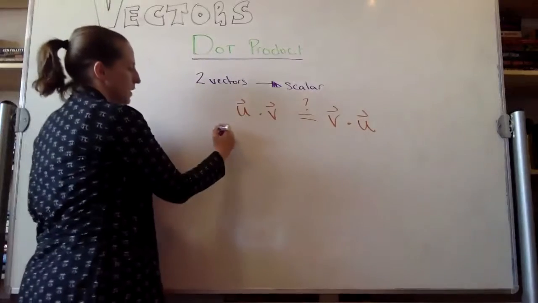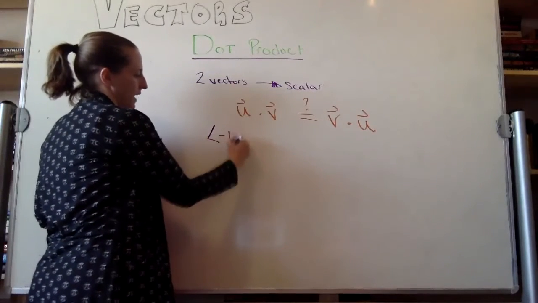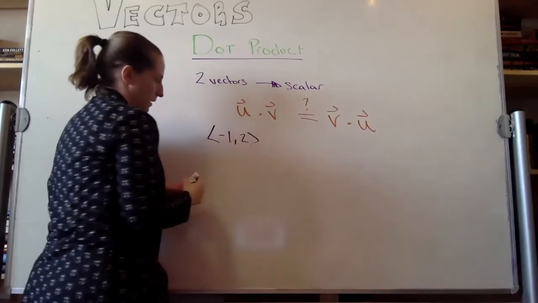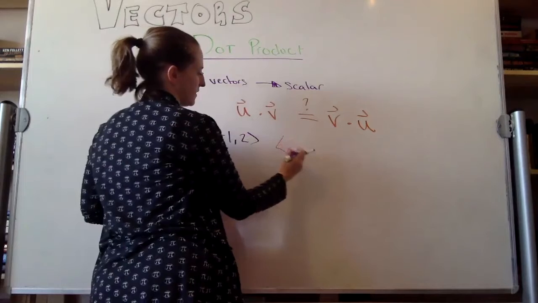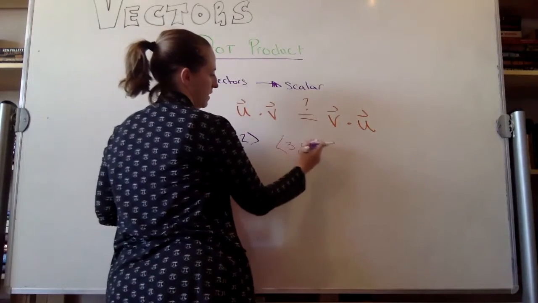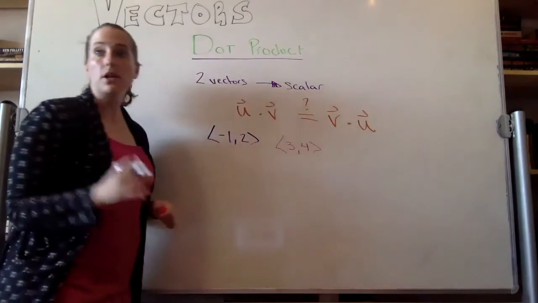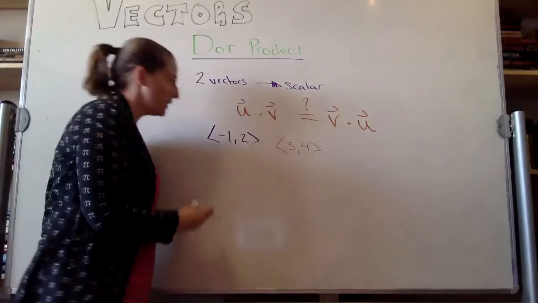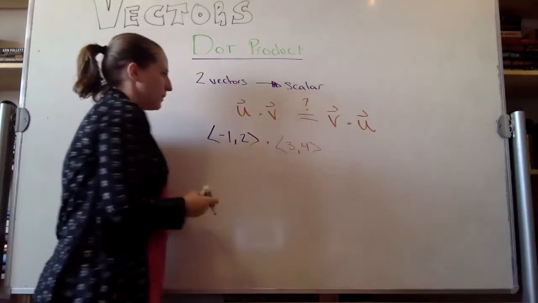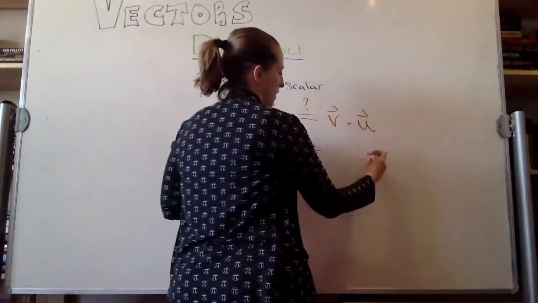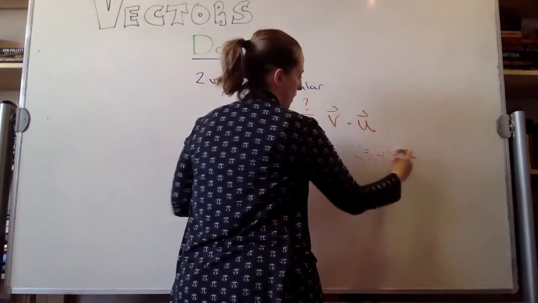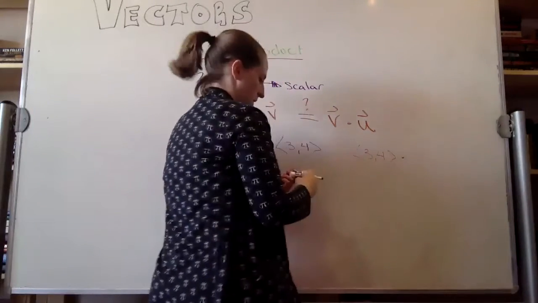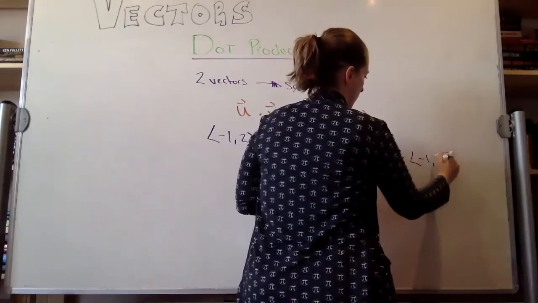I'm going to say that U is the vector -1, 2, and we'll say that V is the vector 3, 4. We're going to try this both ways. We're going to do -1, 2 dotted with 3, 4, and then we'll also try 3, 4 dotted with -1, 2.